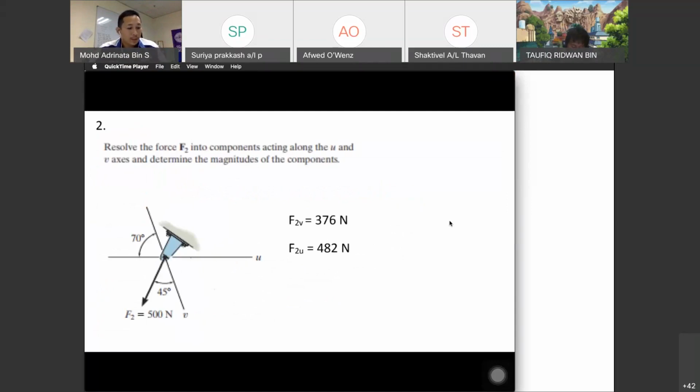So kita buat yang senang-senang dulu. Number 2, number 3, number 4 simple. Number 5 pun okay. Just ada equation je.